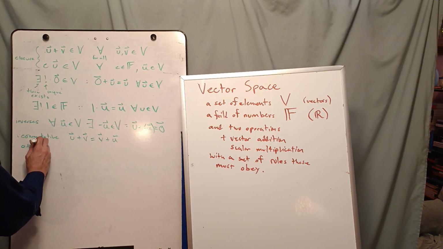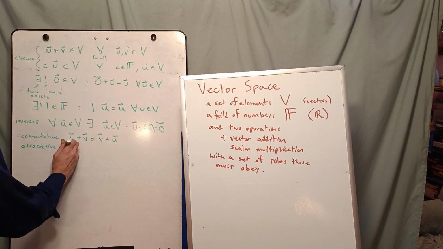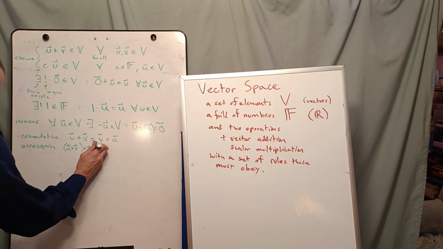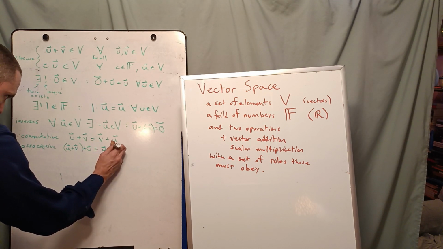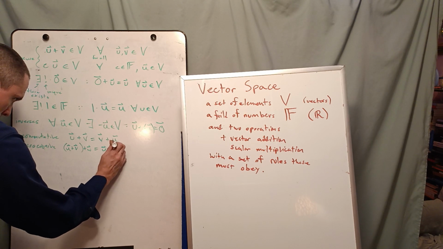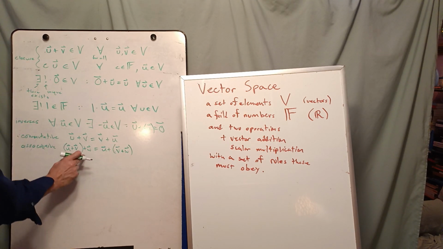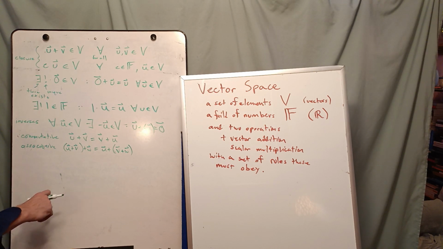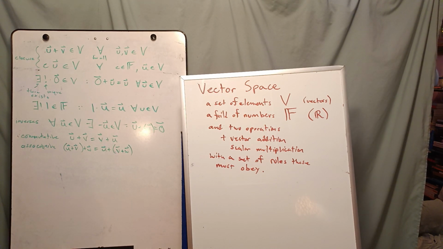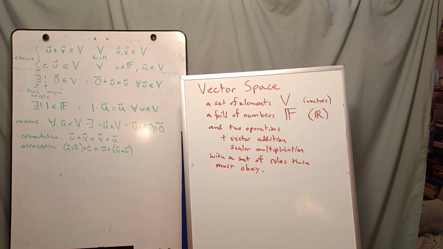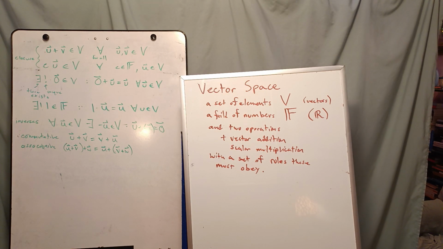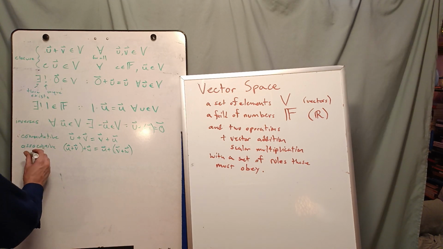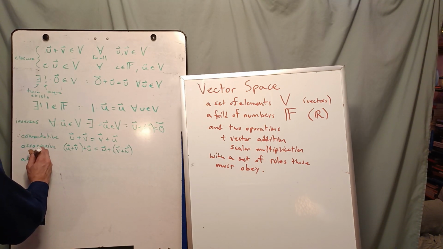It needs to be associative, so the order of execution cannot matter. And we have inverses, we have zero elements, we have the identity.